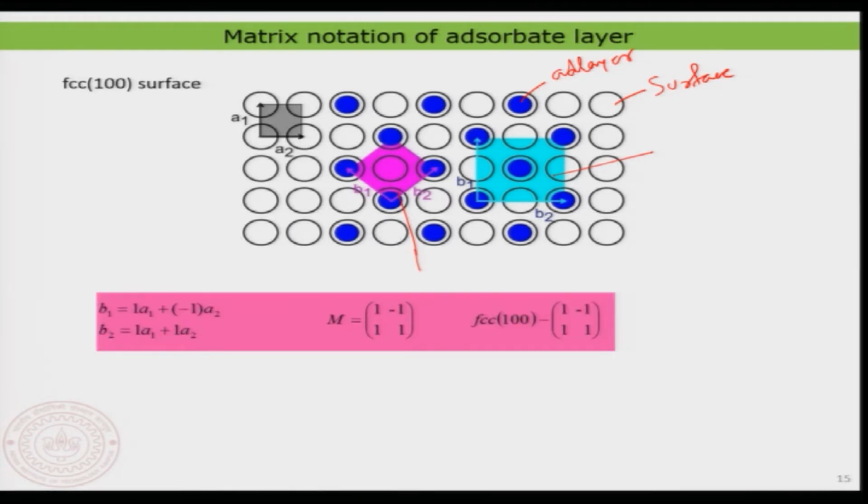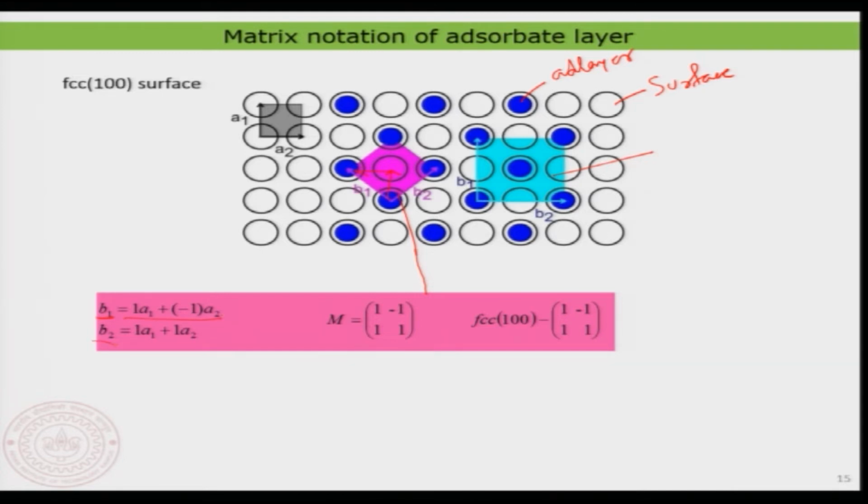Now, let us look at this. You can see here that B1 can be represented as 1 times A1 and minus 1 times A2. That means you move along A1 once and then you go in the negative direction along A2, and you would reach B1.